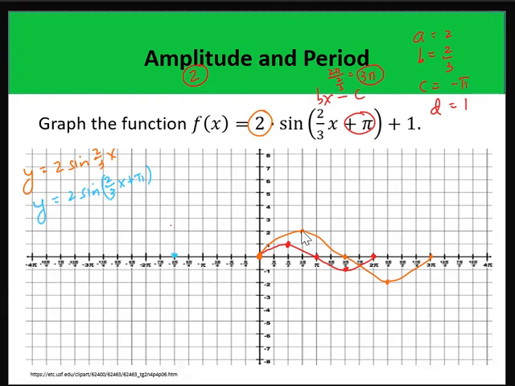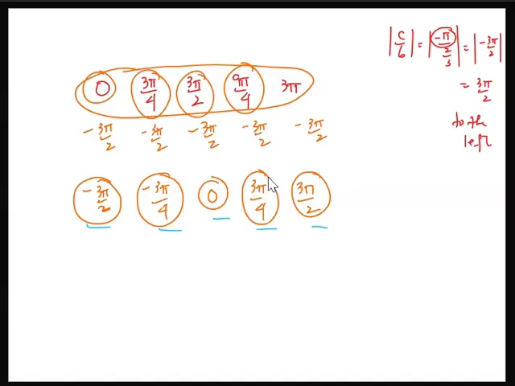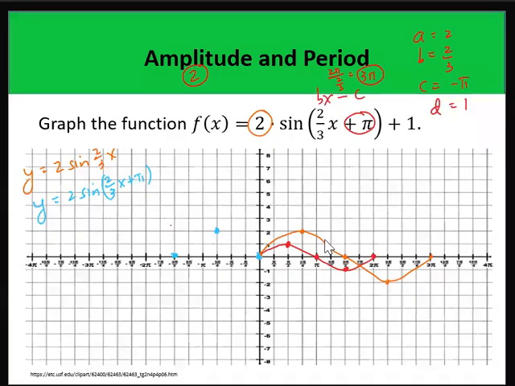And then this point will be moved to negative 3 pi over 4. And then this point will be moved to 0. And then this point will be moved to positive 3 pi over 4, which is this one. And then the point at 3 pi will be moved to positive 3 pi over 2, which is somewhere here, this one. Okay, so these 5 points will be connected, and that's the graph of 2 times sine of 2/3 x plus 5.